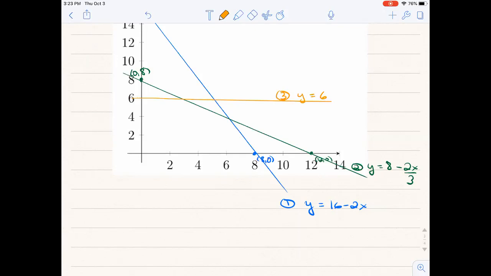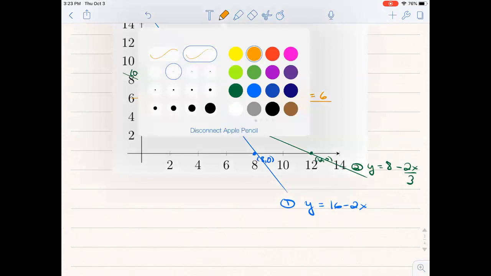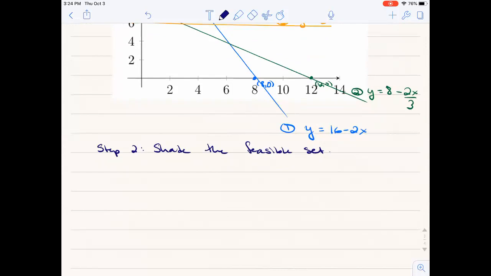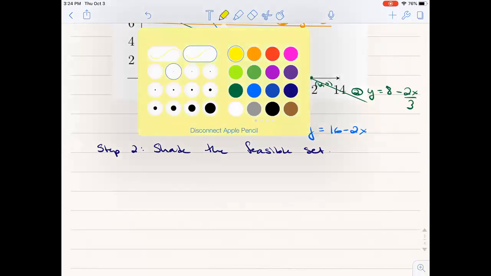Okay, so for your feasible set, you're just always going to start here, and then everything until you hit a line is in your feasible set, right? Nothing beyond it. So step 2, shade the feasible set, which I will do in yellow, how about?